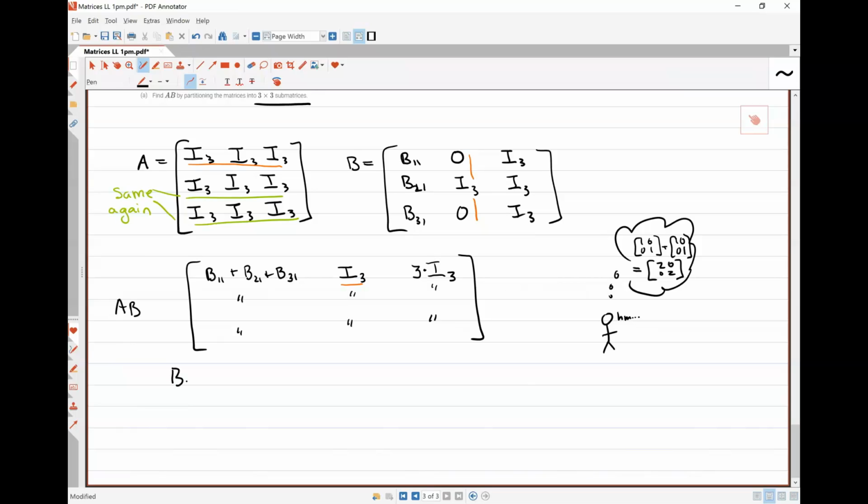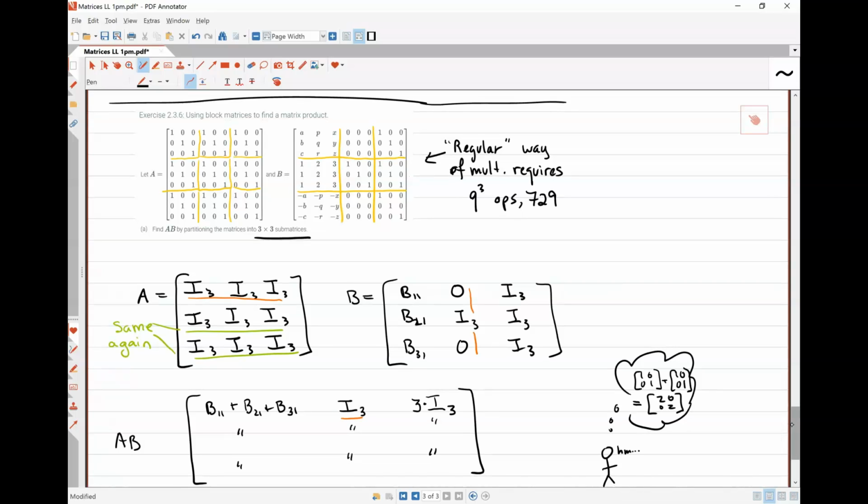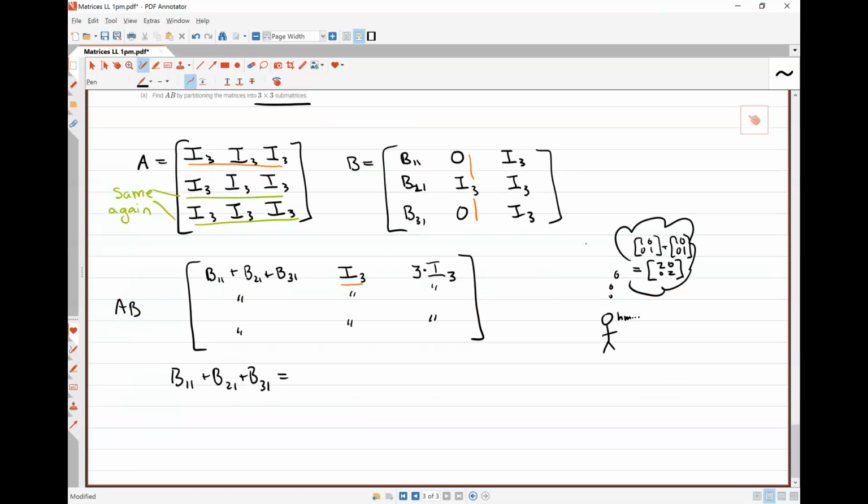So now we have B11 plus B21 plus B31. And what is that? That's something miserable, I'm sure. Oh, no, it isn't. So it's A plus 1 minus A, P plus 2 minus P. How they tricked us. It's just 1, 2, 3.